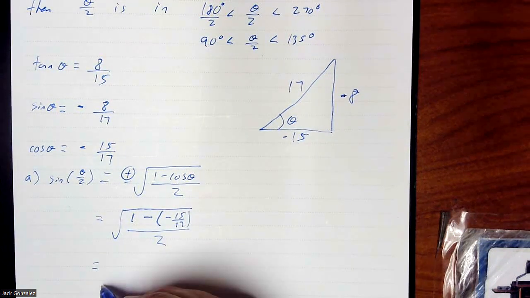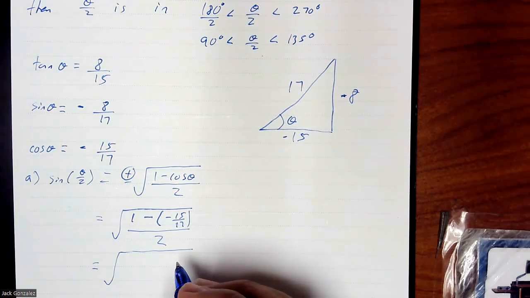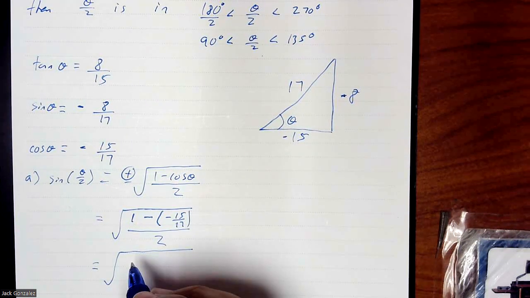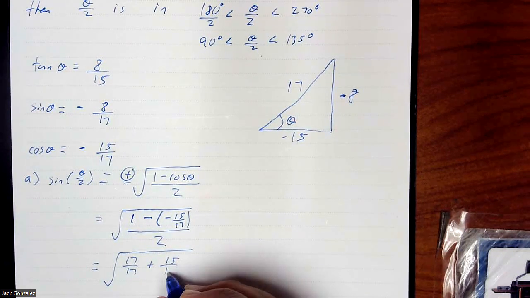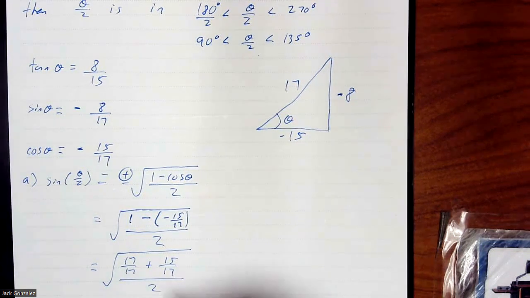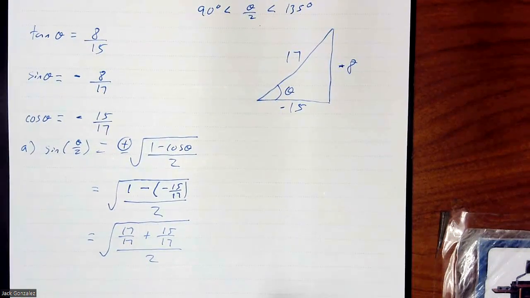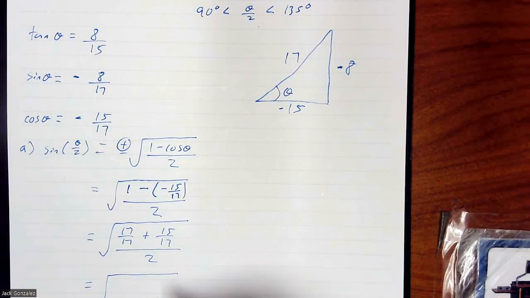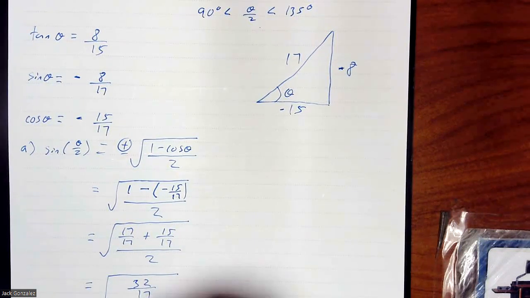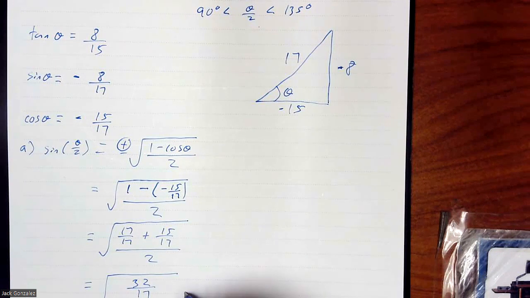Okay, so that'll become 17 over 17 plus 15 over 17, divided by 2, which gives us 32 over 17 divided by 2.